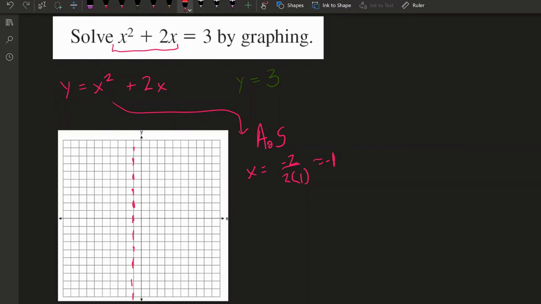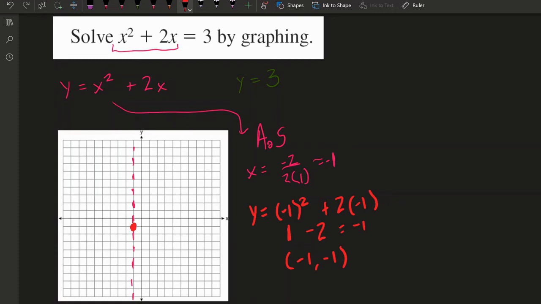So y is equal to (-1) squared plus 2 times -1. (-1) squared is +1, minus 2 is -1. That means my vertex is at (-1, -1).